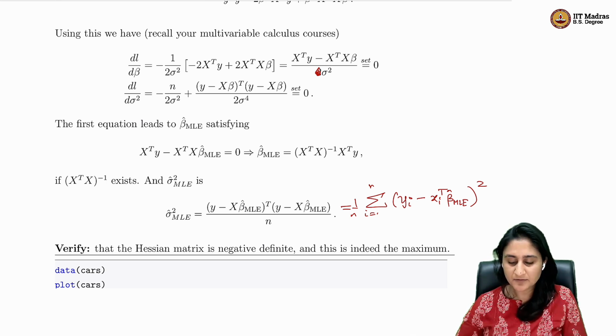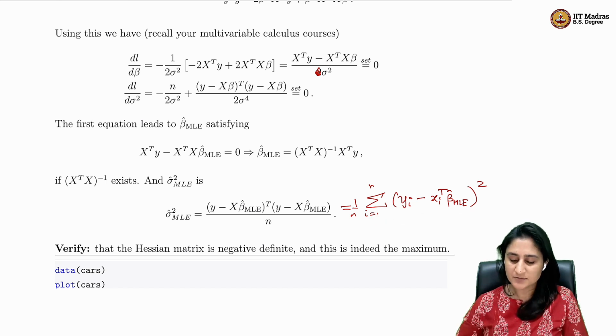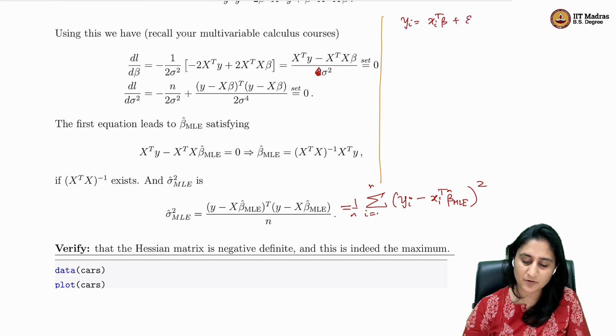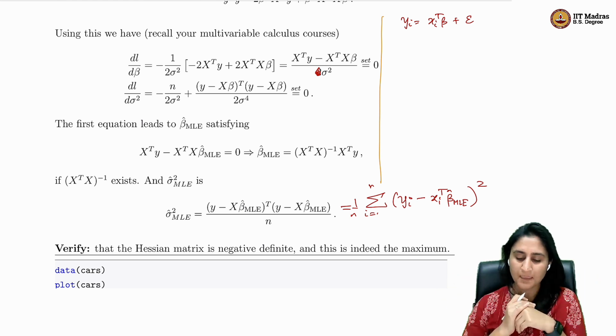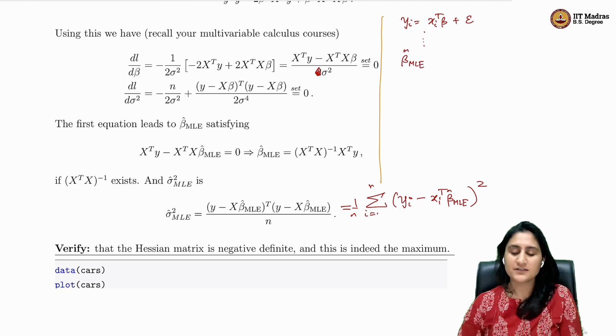Now, what's really interesting about this is if we just take a second to understand what this is saying: take your observed yi's, right, and subtract your estimated yi's from here. Because once you have this model yi equals xi transpose beta plus epsilon, this is the population model, and you use this to get your estimate beta hat MLE. Right?